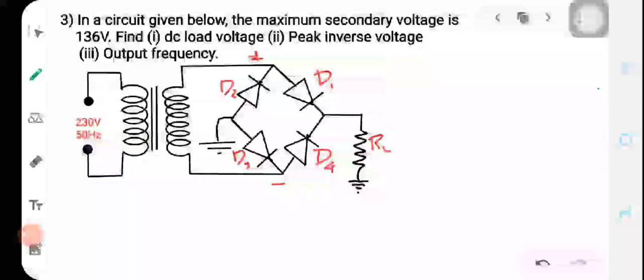So we have to find the voltages across the reverse biased diodes to find the peak inverse voltage, and also the output frequency. The frequency of the input signal is given as 50 Hz, so we have to find the frequency of the output signal.